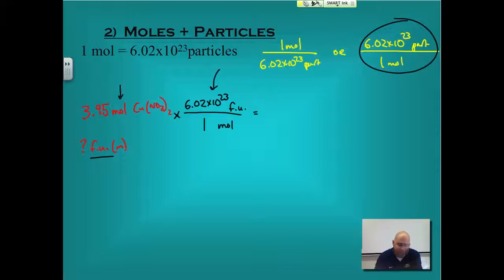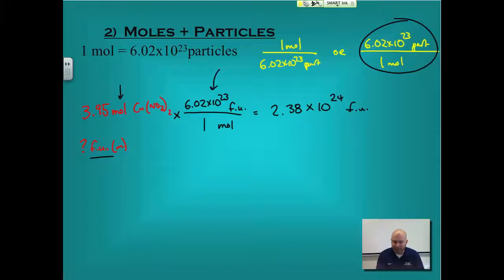Now because the 6.02 times 10 to the 23rd is in the numerator, I'm going to multiply by it. So I've got my calculator again. 3.95 times 6.02, and remember we use EE or EXP, 23, and we multiply them and we get 2.38 times 10 to the 24th formula units.